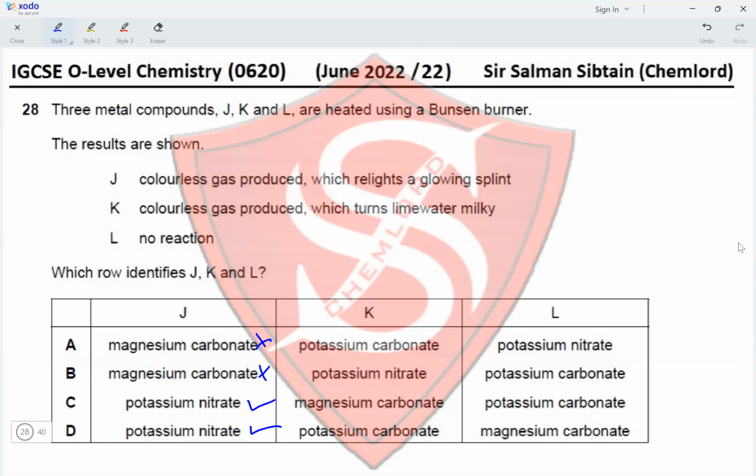So this eliminates option D, and we will continue with option C. And L has no reaction taking place. Yes, potassium carbonate has a very high thermal stability, so it will not decompose on heating in a Bunsen flame, making option C the correct option for this question.